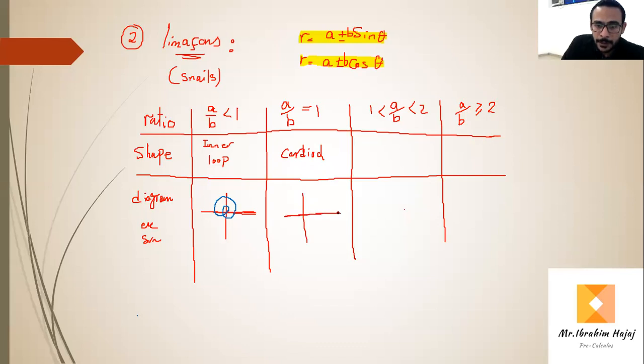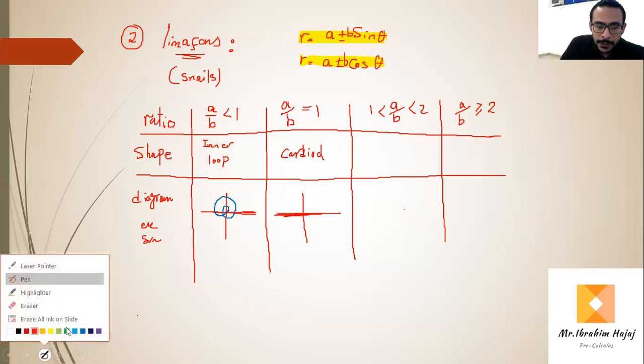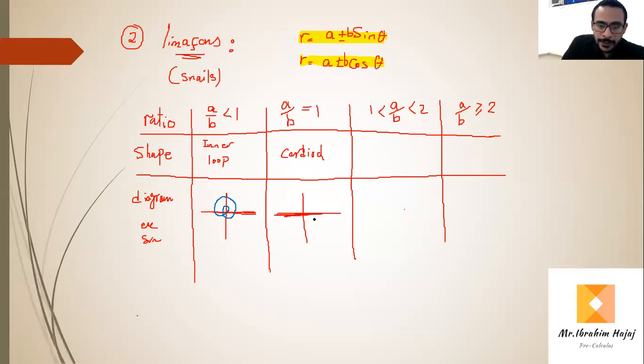There is no loop here, but the graph looks like this. Simply like a heart. So from the upper part, it's a circle, and down here it's a heart.